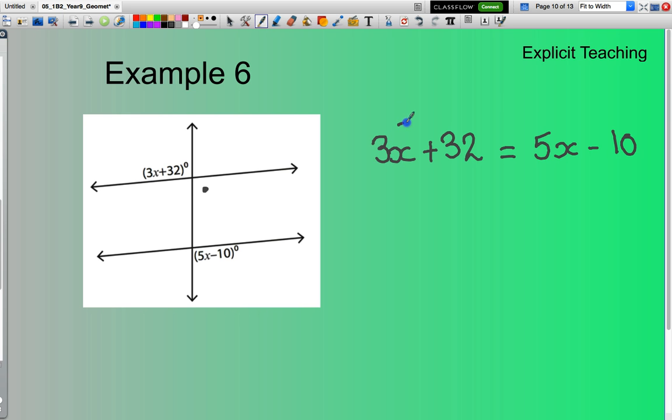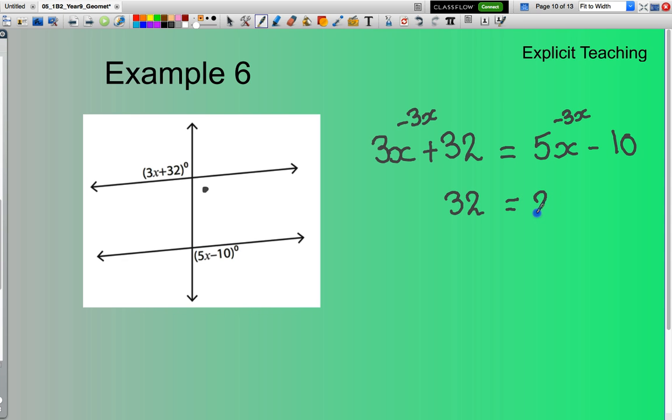So I will subtract 3x from here. If I subtract 3x from this side, I need to subtract 3x from this side. So 3x, take away 3x is 0. So on the left hand side, I end up with 32. Equals. Now, what is 5x take away 3x?